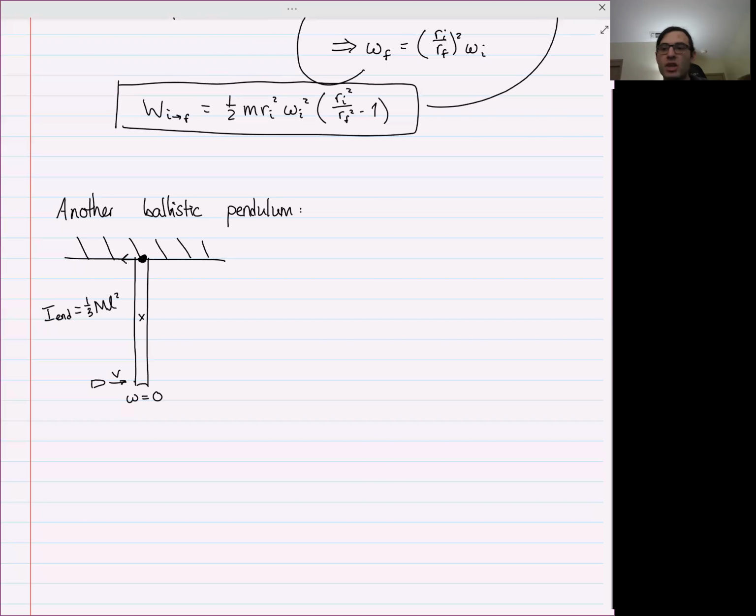But here, there very much is a force that points to the left. Otherwise, the whole thing would go flying. So we can't use translational momentum conservation.